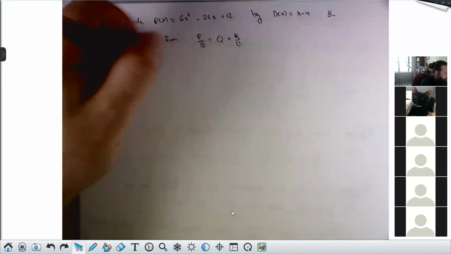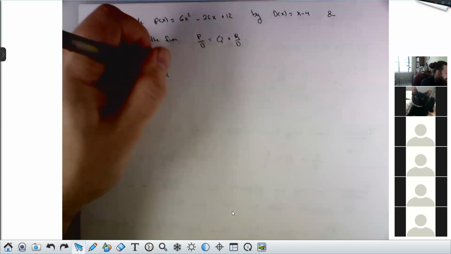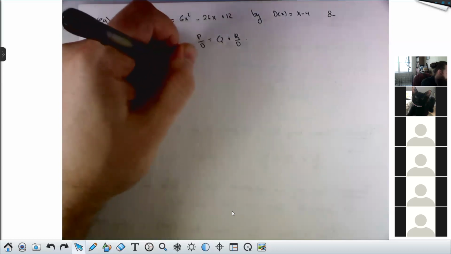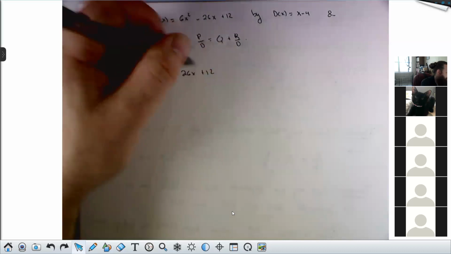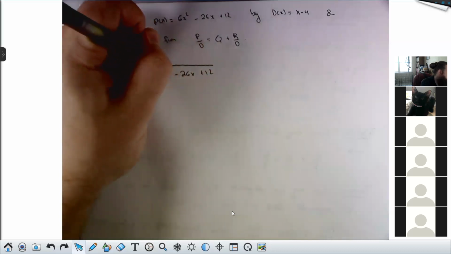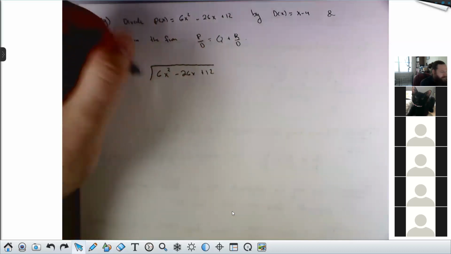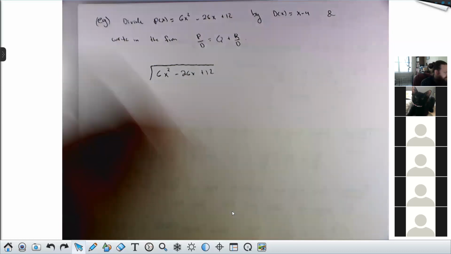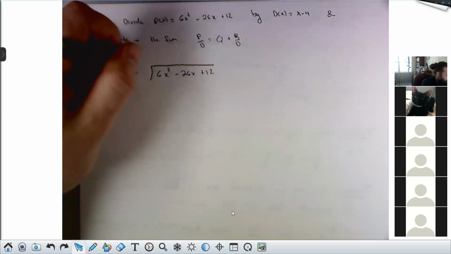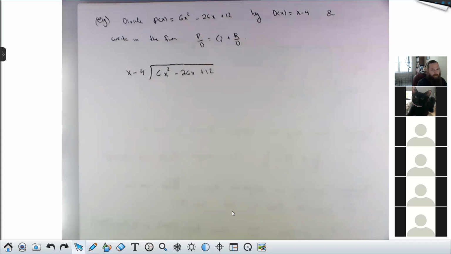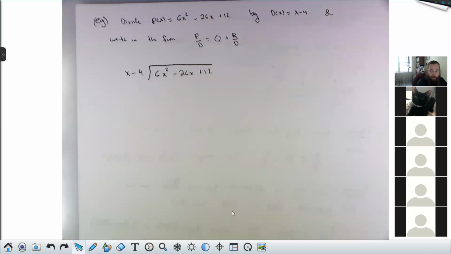All right, here's how you do it. 6x squared minus 26x plus 12 goes here. You write your normal sort of long division symbol from second grade. And the divisor, d of x, goes over here. So this is how you actually do the division. It's a looping algorithm. You do the same sort of steps over and over again.